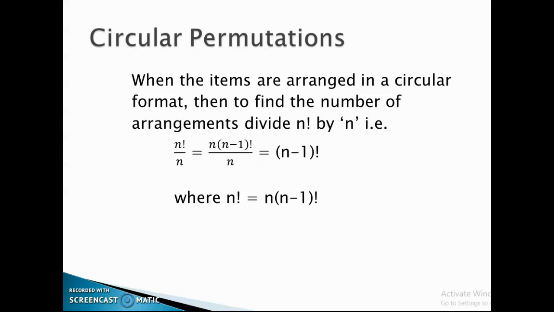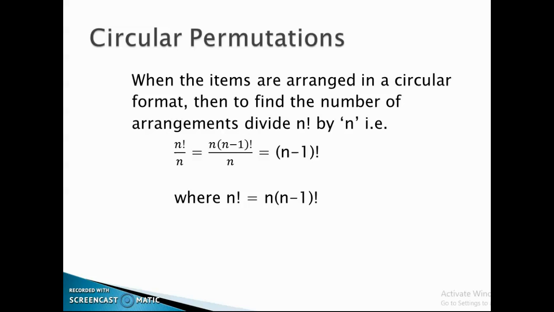Circular permutations. When the items are arranged in a circular format, then to find the number of arrangements, divide n factorial by n. n factorial can be written as n into n minus 1 into n minus 2 into n minus 3 into n minus 4 and so on down to 1.